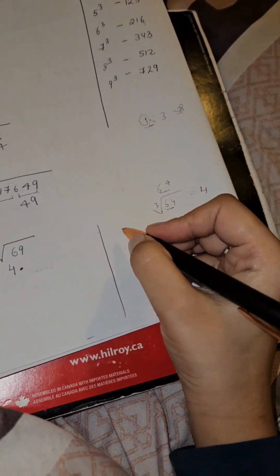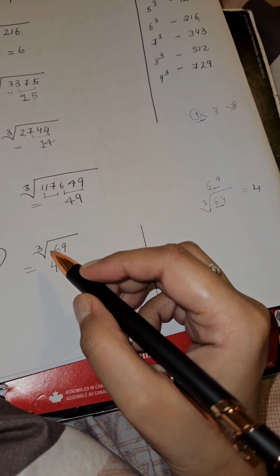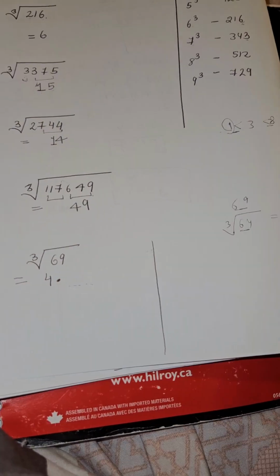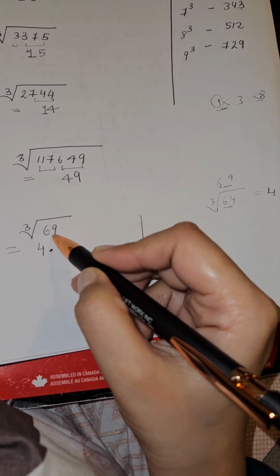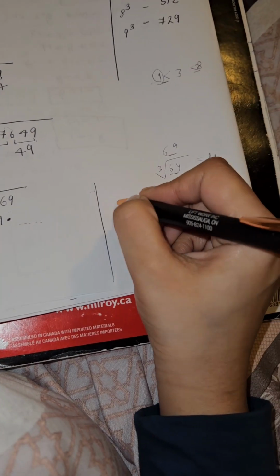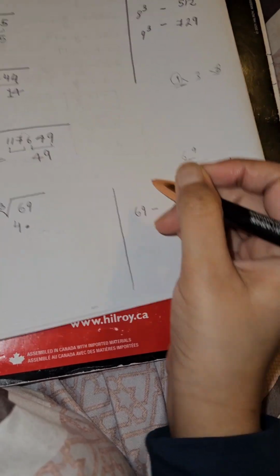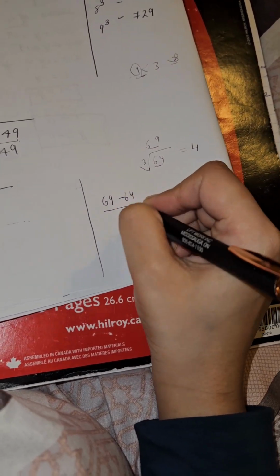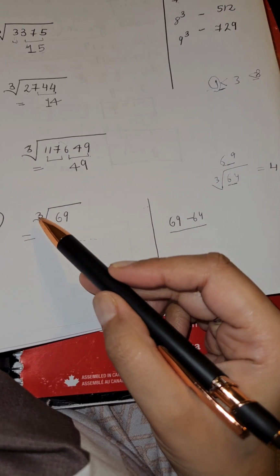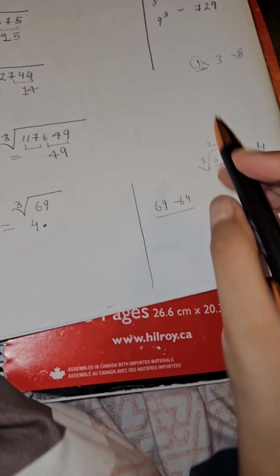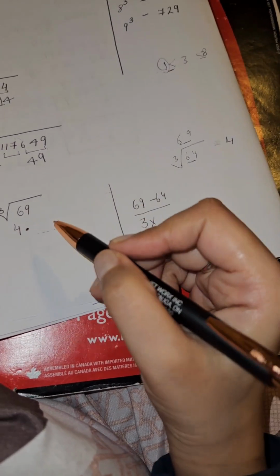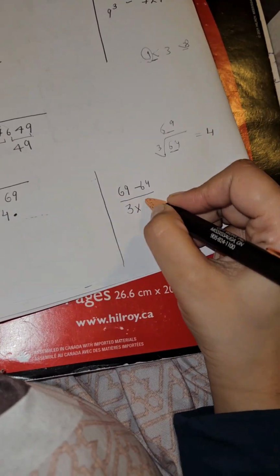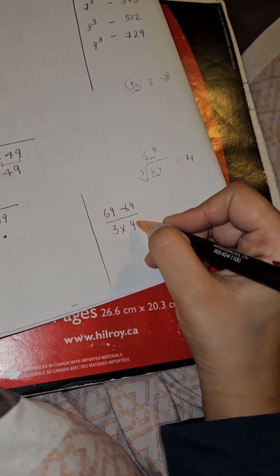See, the number we have to find the cube root of is 69. So we take 69 minus the perfect cube closer to it, 64, upon 3 multiplied by the number before the decimal, 4, squared.